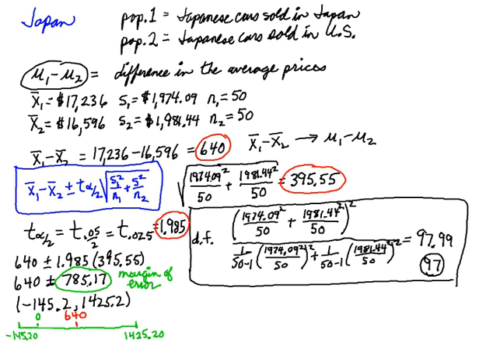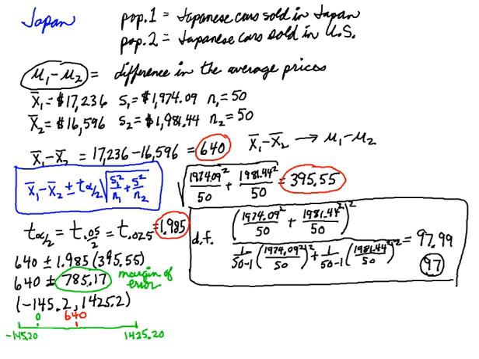So with a 95% confidence interval, there is some allowance that the difference could either be positive or negative, indicating that either the average prices for the cars in Japan is greater than the average prices in the U.S., and also the possibility that the average prices in the U.S. are greater than the average prices in Japan.